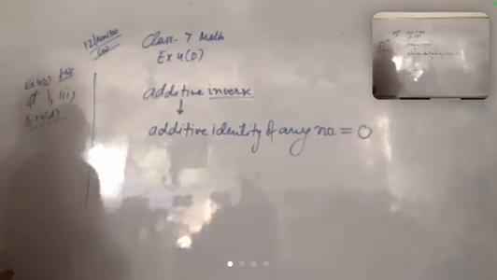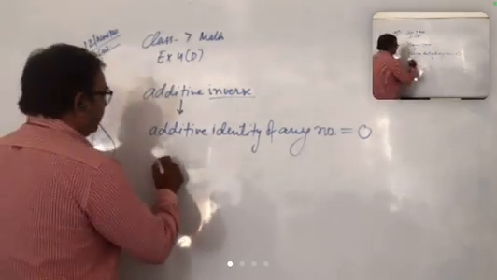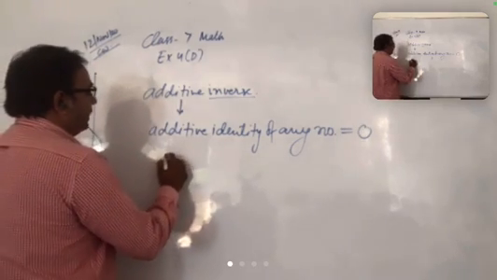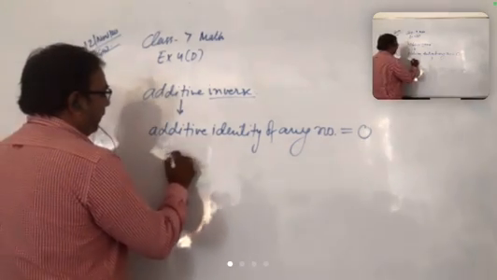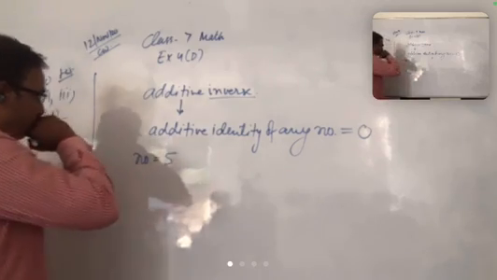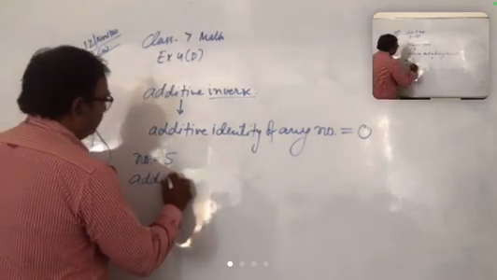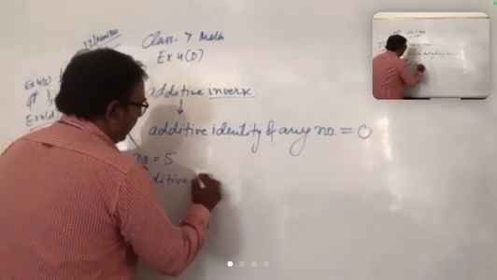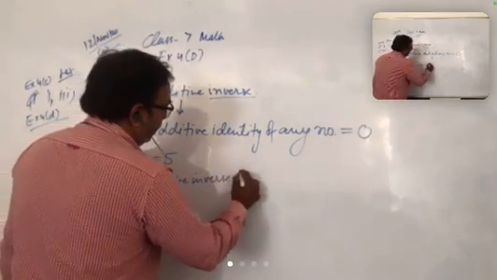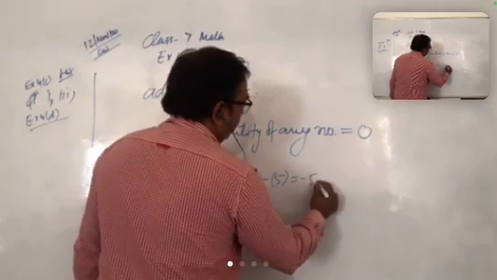Because suppose there is a number 5, and the additive inverse of 5 is minus 5.